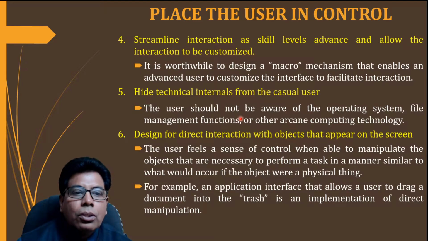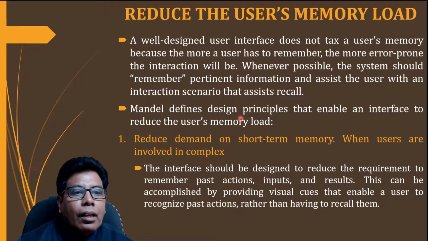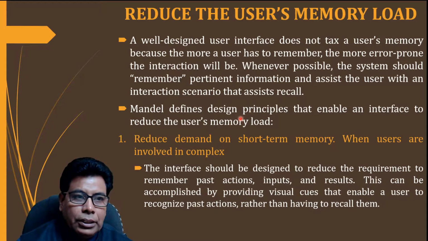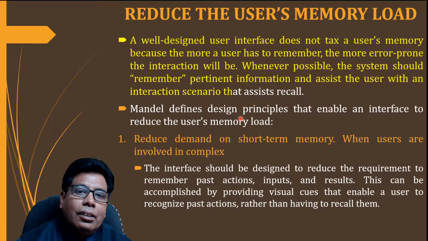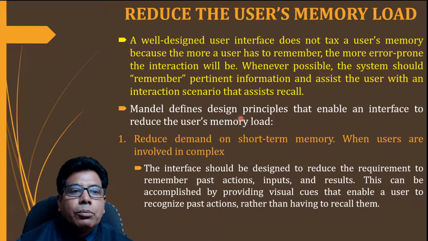Then let us go further. The second principle is reduce the user's memory load. A well-designed user interface does not tax the user's memory. By memory we mean the brain memory, because the more the user has to remember, the more error prone the interaction will be.